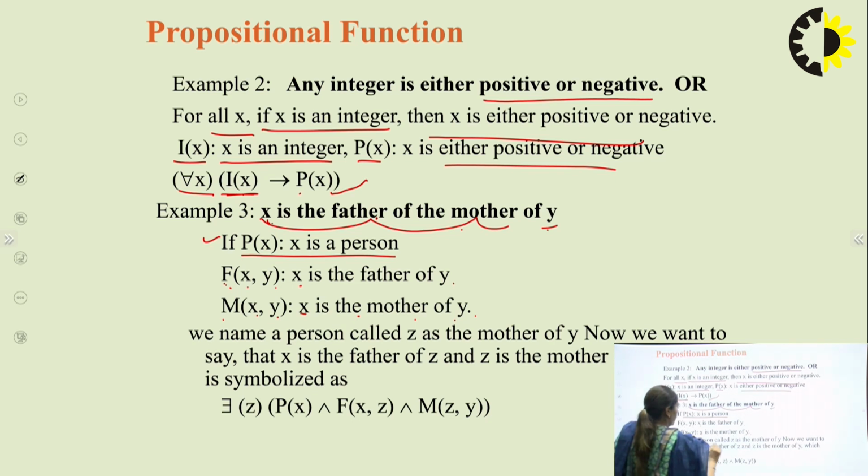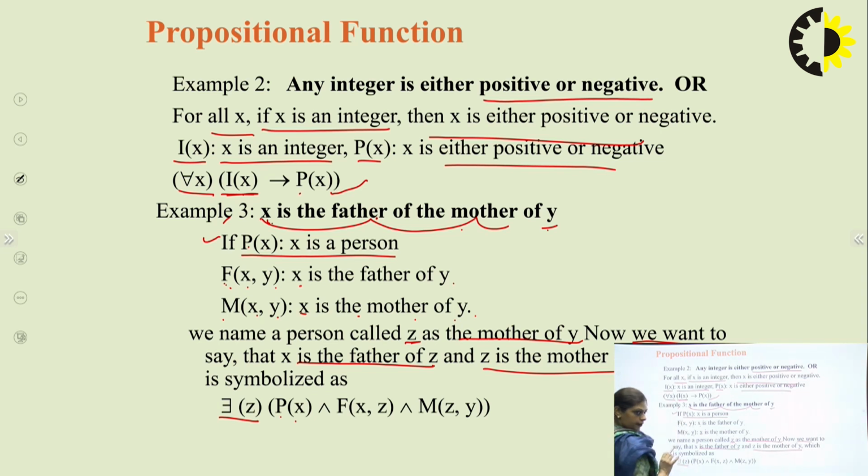Now, we name a person called Z. Suppose this predicate or this sentence is true for Z, right? From the whole population, it is true for Z only, right? Then Z is the mother of Y. Now we want to say that X is the father of Z and Z is the mother of Y, which symbolizes there exists X, Z, where Px, what is Px?